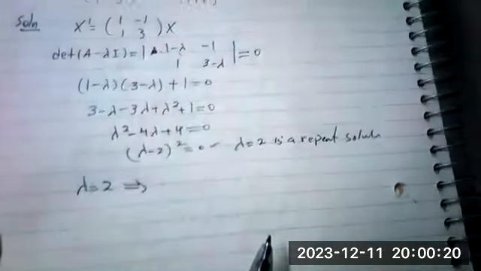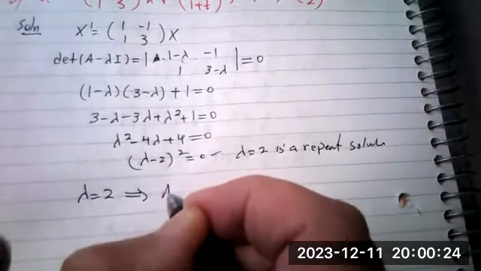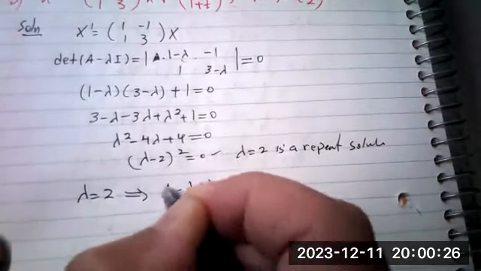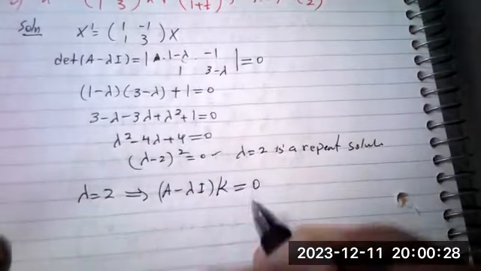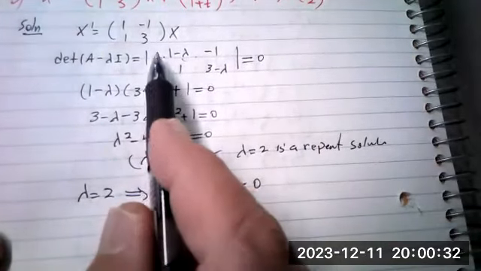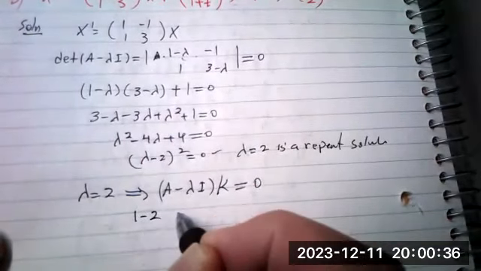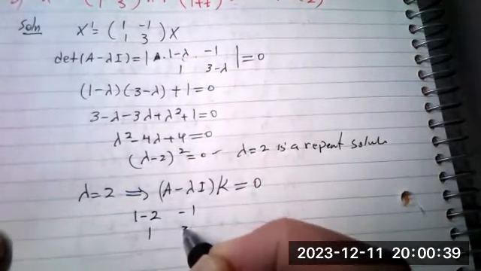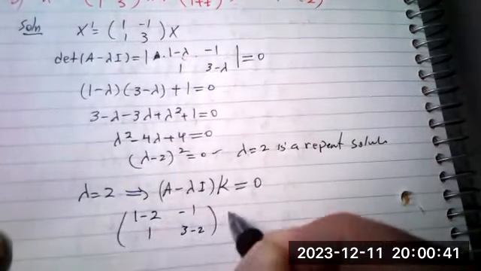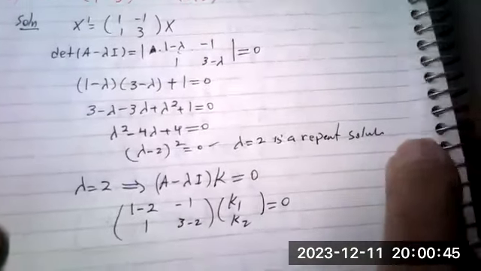Go to the matrix and substitute quickly. We put lambda equal to 2 and form A minus lambda I times K equal to 0. So that would give us what? With lambda equals 2, it's 1 minus 2, -1, 1, 3 minus 2, times K1, K2, equal to 0.